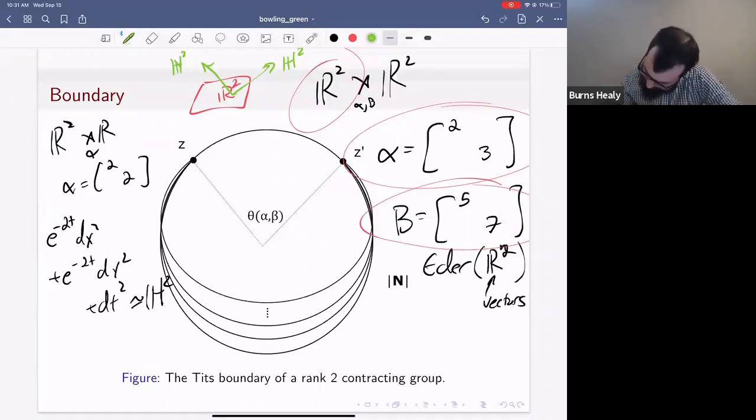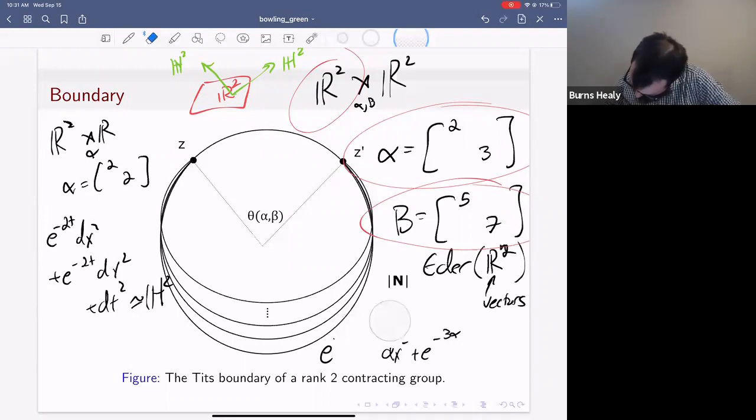So you get a Riemannian metric on this guy that looks like e to the minus 2 alpha minus 5 beta dx squared plus e to the minus 3 alpha, or actually not alpha and beta, I apologize, that should be e to the minus 2, let me call it t, minus 5r, dx squared, plus e to the minus 3t minus 7r dy squared plus dr squared plus dt squared.